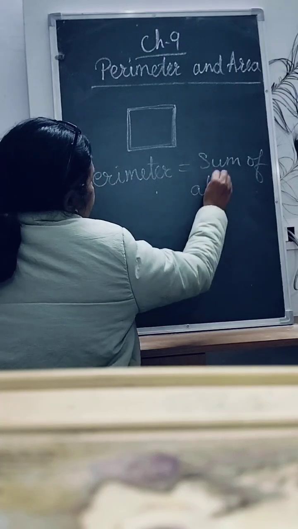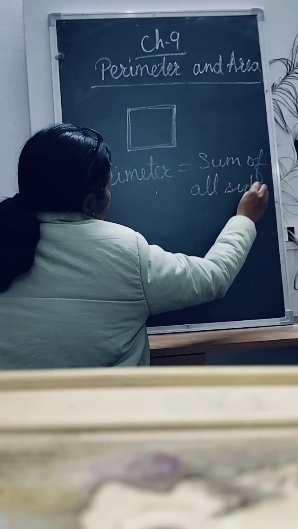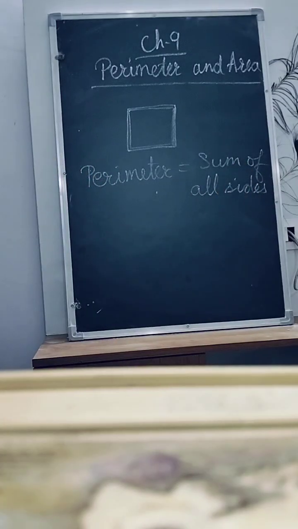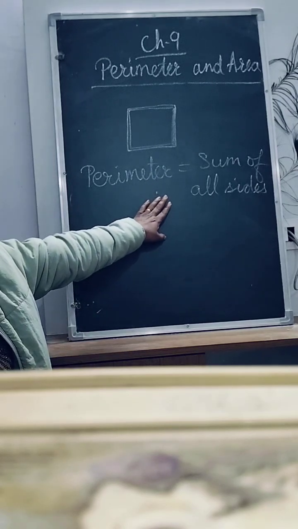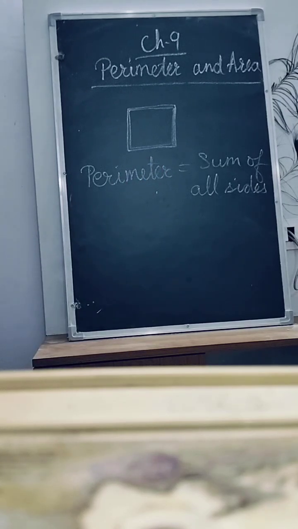Perimeter means sum of all sides. Okay, and once we found out the perimeter, then we will multiply with the cost of 1 meter, or whatever the unit would be, and we will find the cost of the fencing.